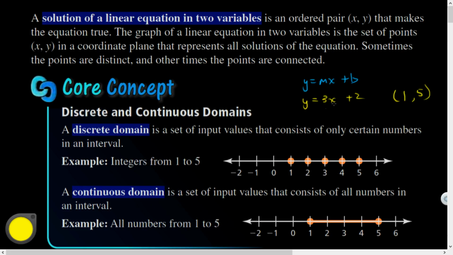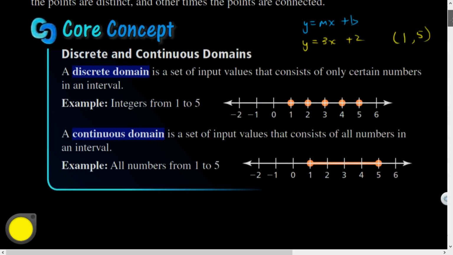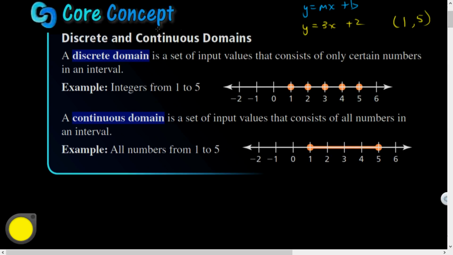In terms of functions, there's another way to classify them by domain: discrete and continuous. You can probably tell visually that discrete functions jump, they teleport, and they don't exist everywhere in between the points.